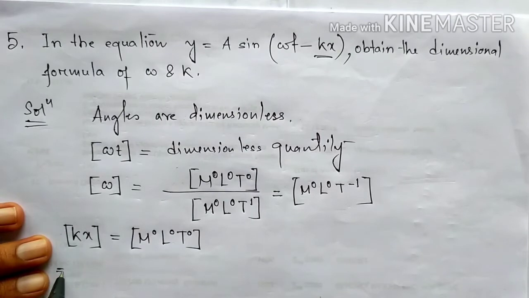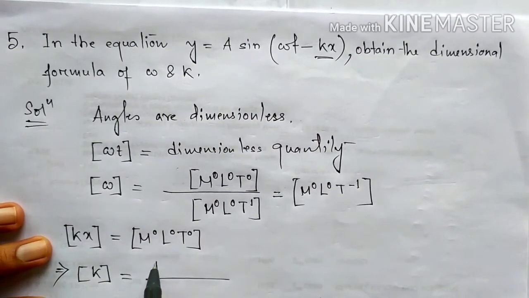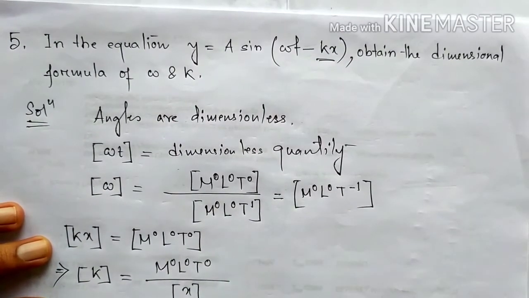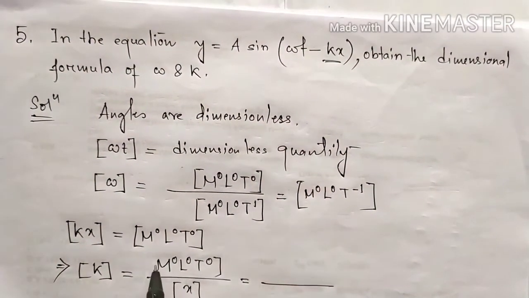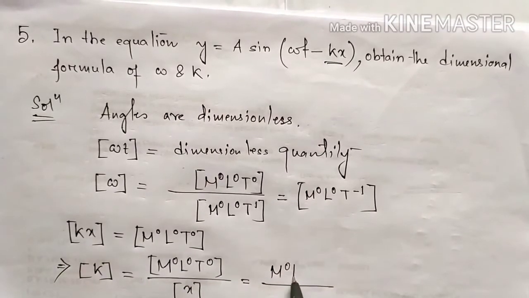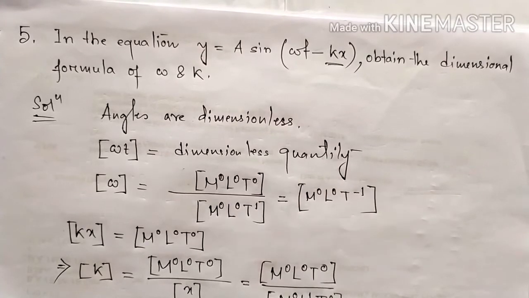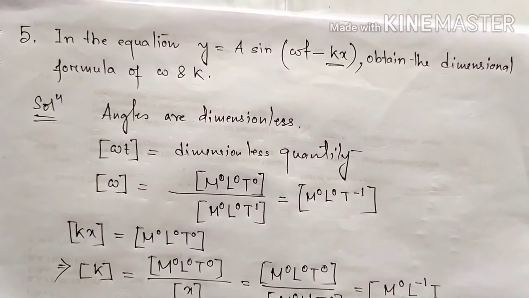Dimension of k will be M to the power 0, L to the power 0, T to the power 0 divided by the dimension of x, and the dimension of x is L, or L to the power 1. So this is equal to M to the power 0, L to the power minus 1, T to the power 0.